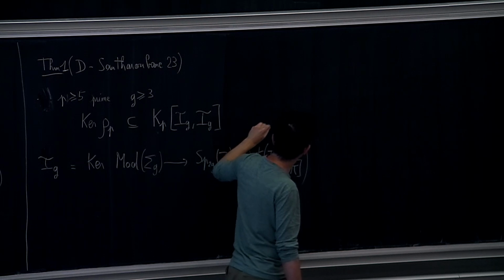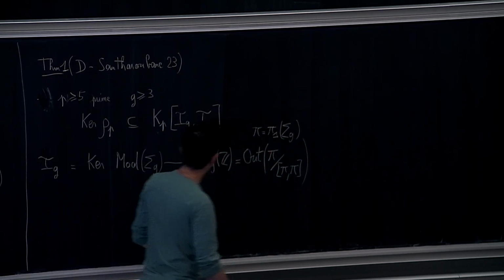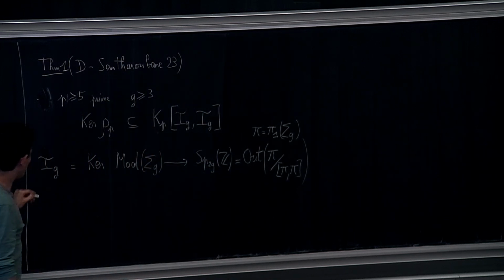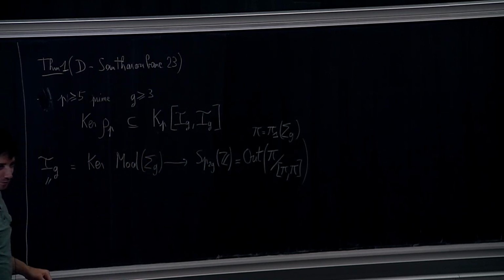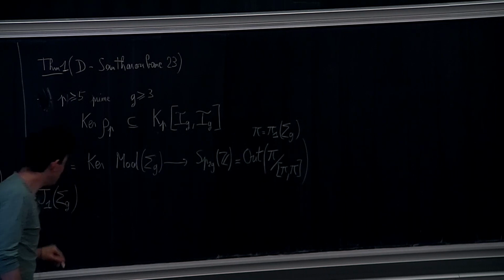Here, pi is the pi_1 of sigma_g. Okay, so I want to rename the Torelli group. I will instead write it as, for me, J_1 of sigma_g.